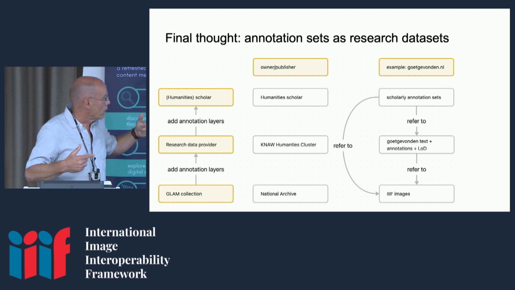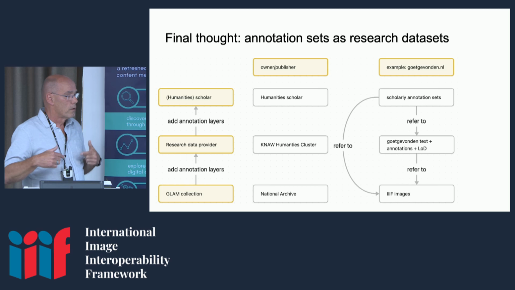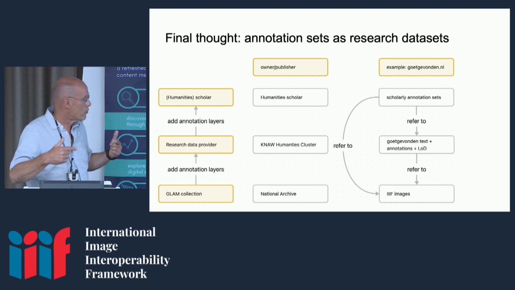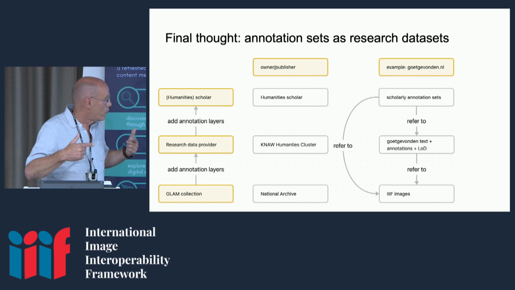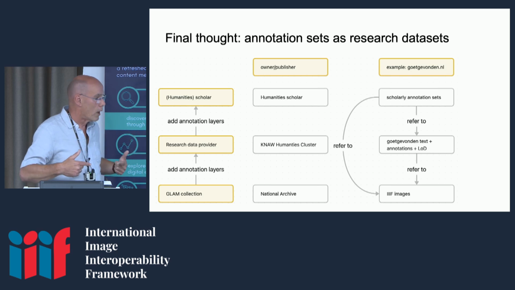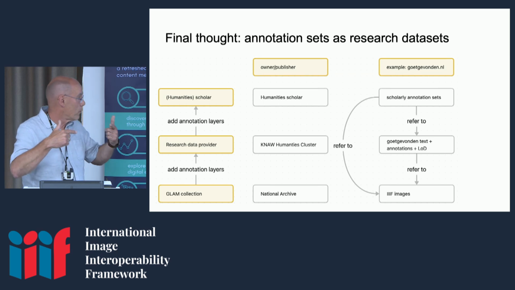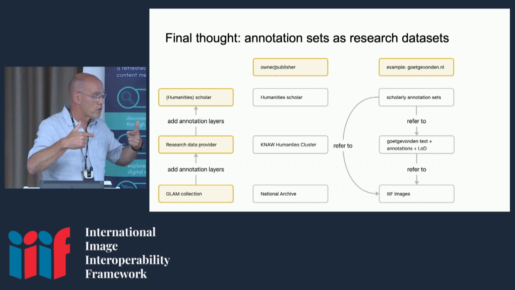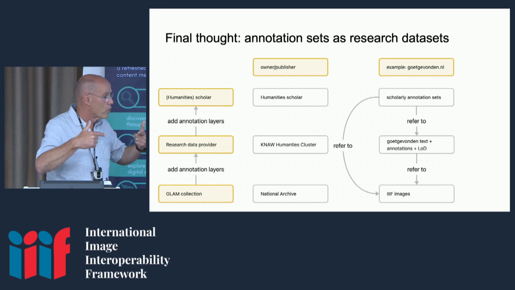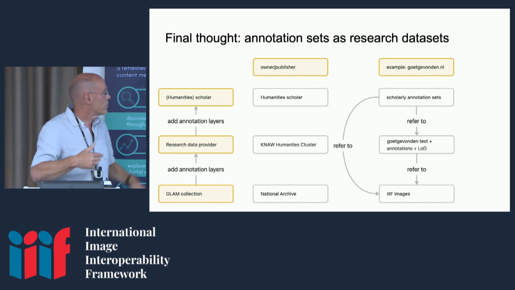But we are after another step, and that's that humanities scholars can repeat this process, so they can in turn not only refer to the images at the National Archive, but also to each element up to the level of individual characters or pixels or whatever, to add again their own annotations.